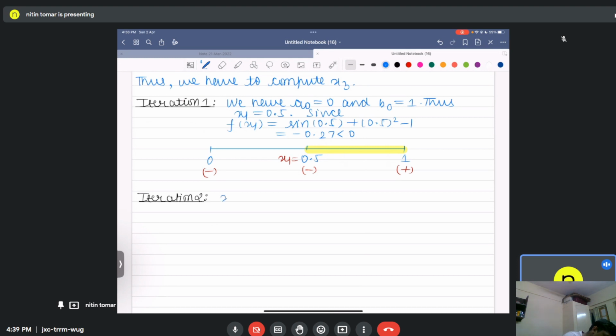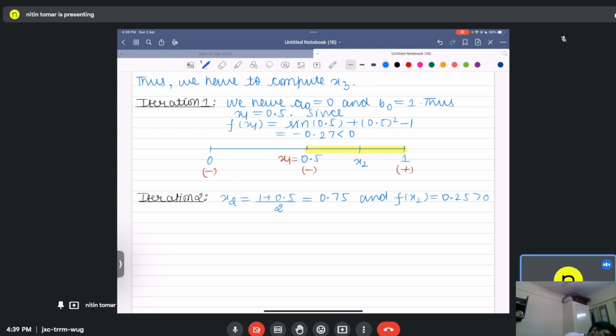So what is x2? x2 will be 1.05 by 2, right? And it will be 0.75. So x2 will be here, the midpoint of this. And if you compute f of x2, this will be 0.25, which is positive.